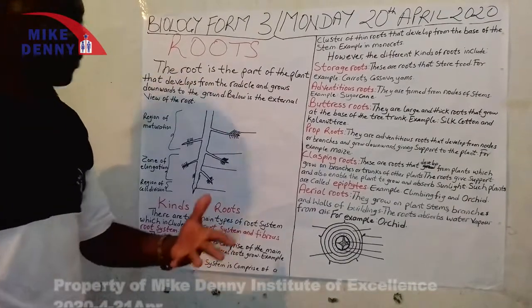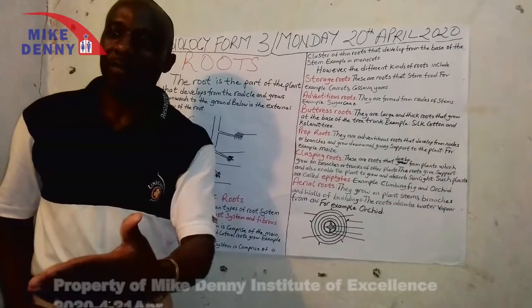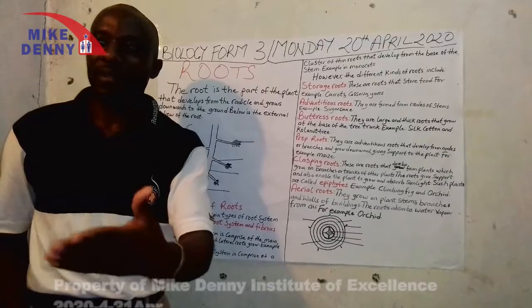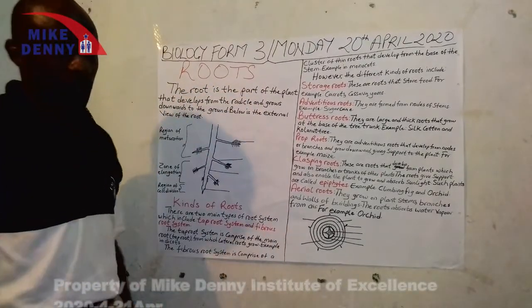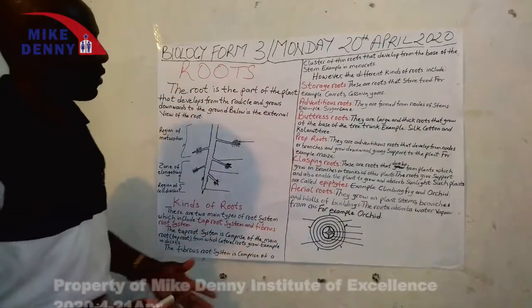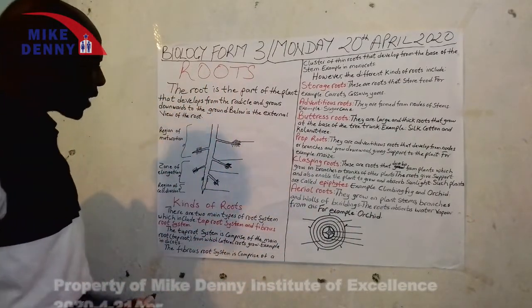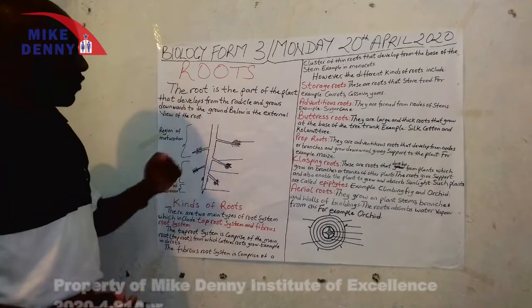And if this plumule grows upward, it will form which part of the plant? Somebody says it will form the shoot. Good. The shoot is the upper part of the plant. So the roots develop from the radicle. And here we have the external structure of the root.